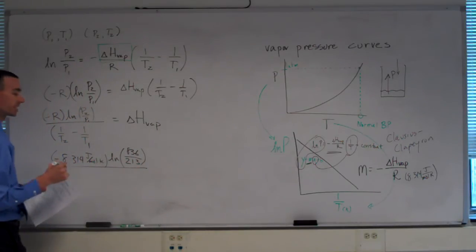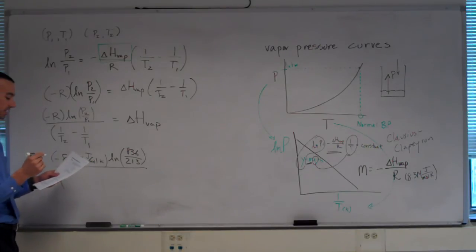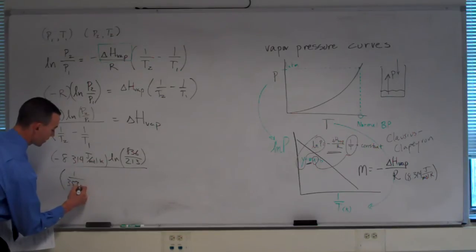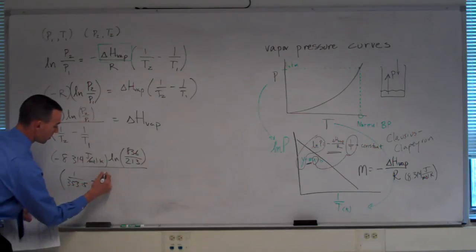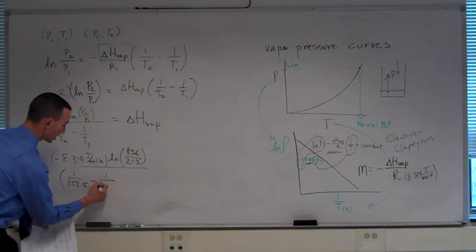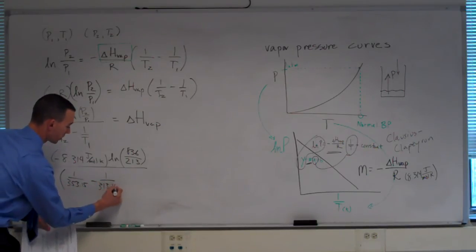And in my denominator then, the 80 degrees Celsius would be T2. Converted to Kelvin, that's going to be 353.15 minus the 40 degrees Celsius converted to Kelvin, 313.15.